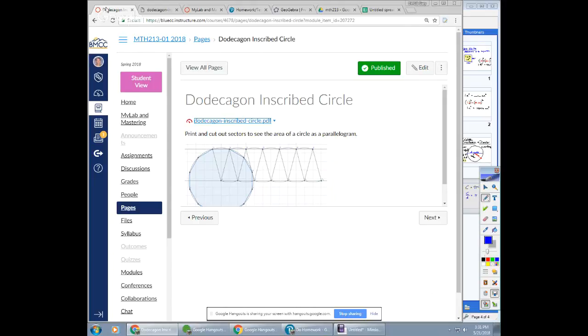I'm going to rebuild my sectors into what looks like a parallelogram. Sticking together a parallelogram. This one up on the board.